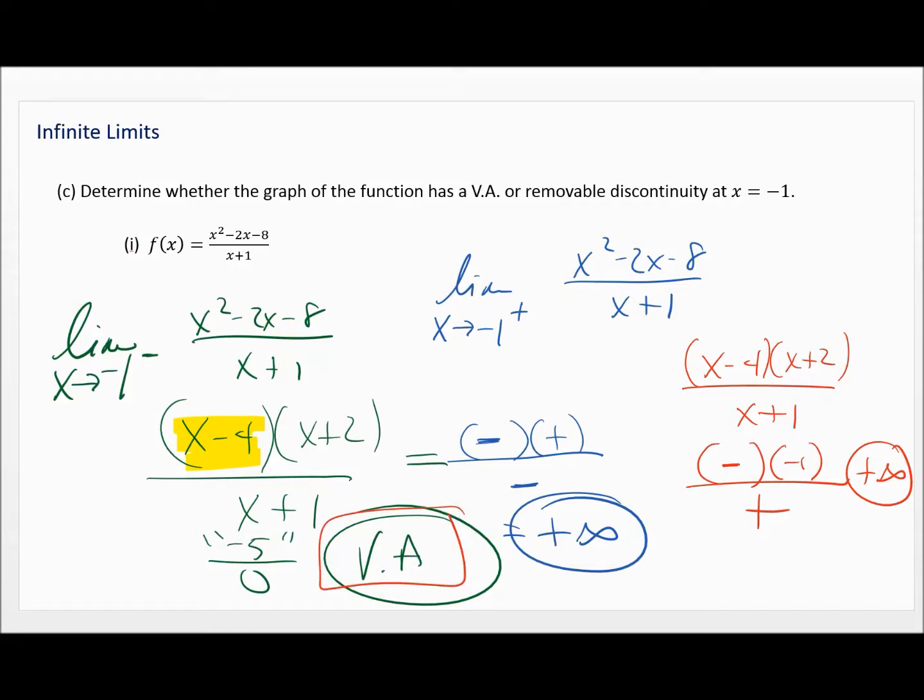Hey, I wonder if you caught my mistake. I just caught it. Check this out. It's on the second one. So I've got -1 from the right. If I plug in a number a little bit bigger than -1, that's what from the right means, right? Think -0.9. Plugged into x - 4 is definitely negative. I had that one right. A little bit bigger than -1, like -0.9, plugged into x + 2 is positive.